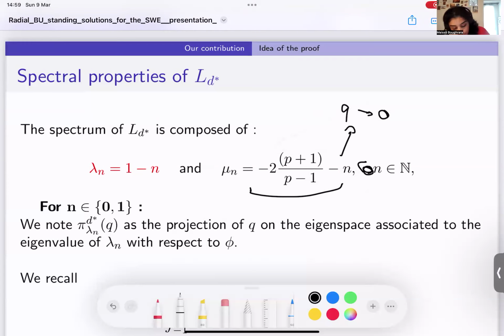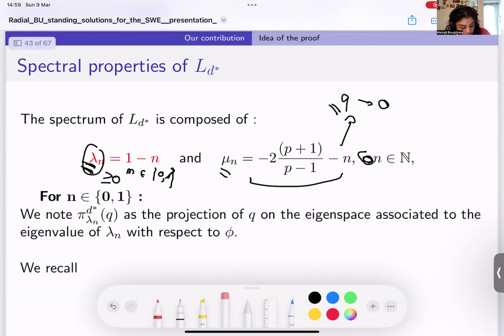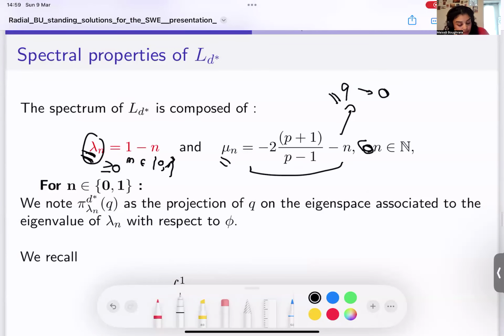But there is a problem: the eigenvalues are not only composed of this, but also of this. The problem with these ones is that if we take n in 0 and 1, these eigenvalues are positive or equal to zero. So controlling Q is the same as controlling the positive eigenvalues of this operator. Let's focus on the case of the positive eigenvalues.